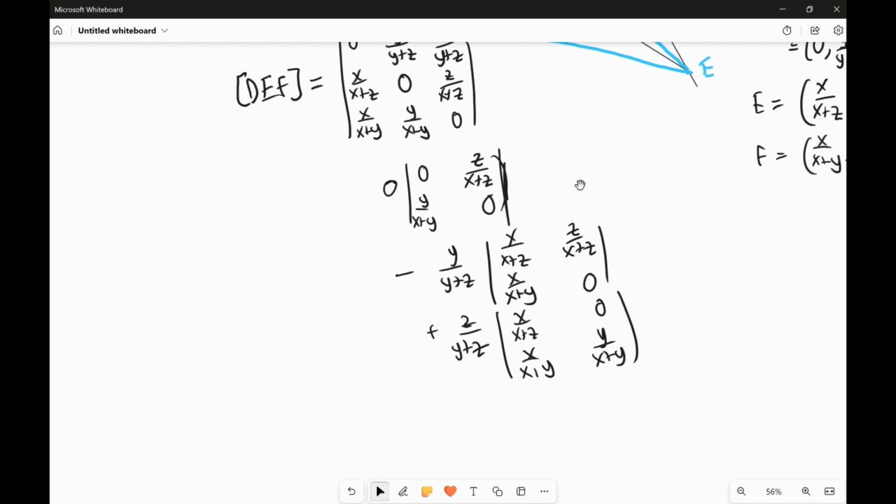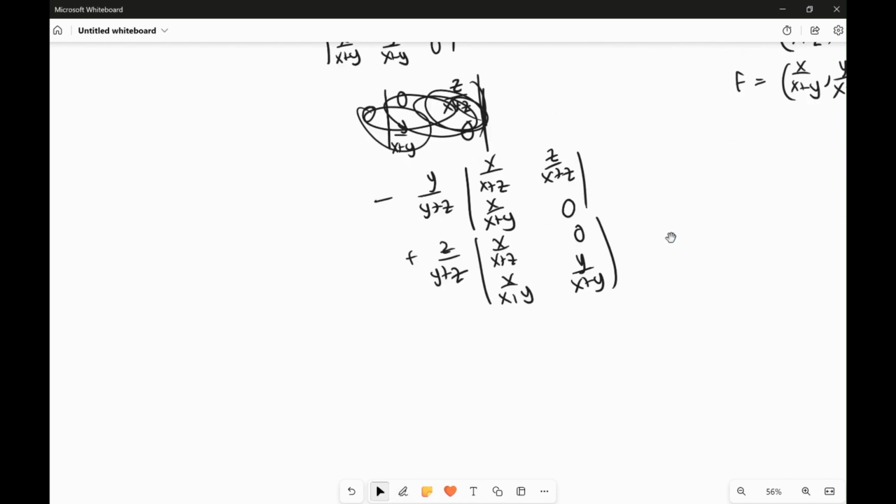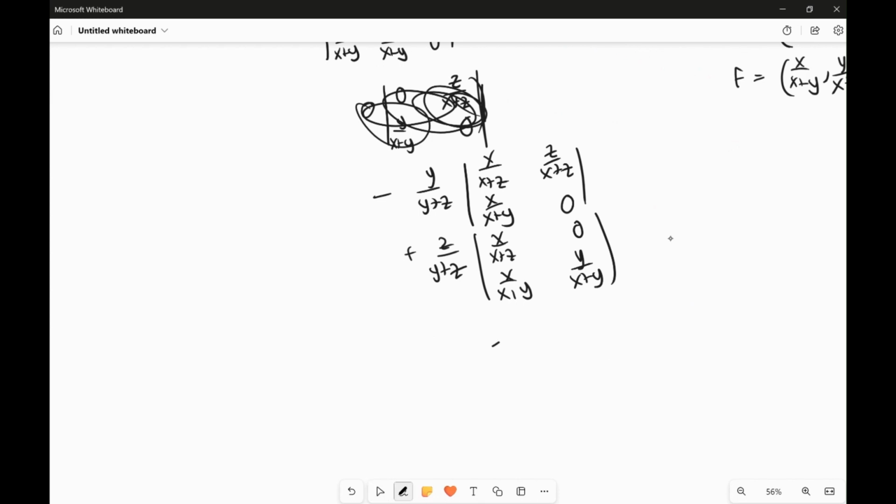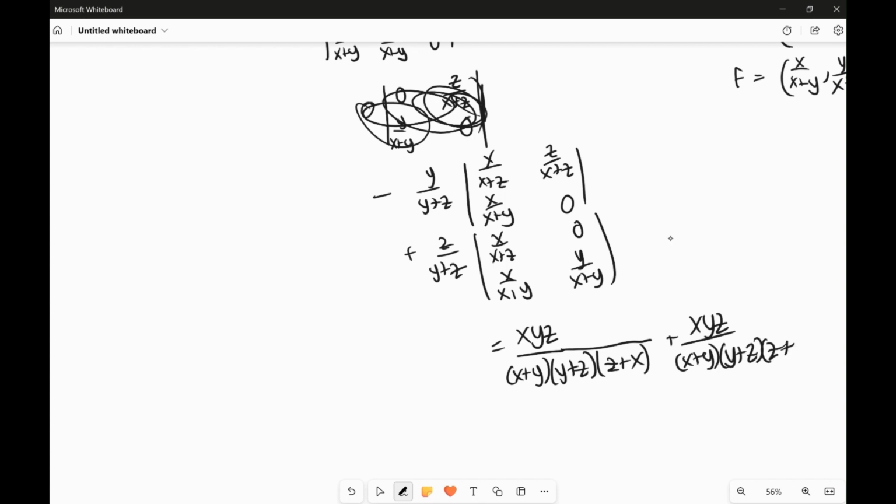This first determinant vanishes because we have the 0 in front of it. The second determinant evaluates to xyz over (x plus y)(y plus z)(z plus x). The last one also evaluates to xyz over (x plus y)(y plus z)(z plus x).